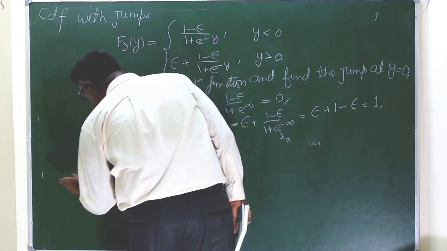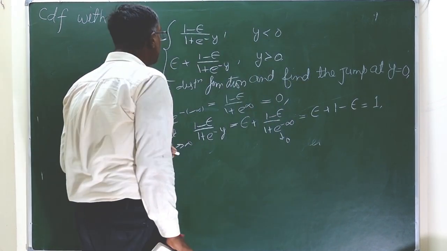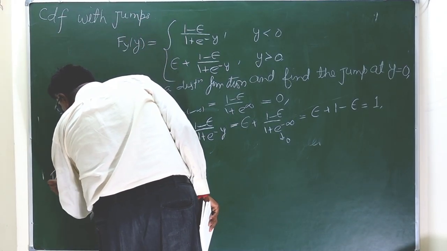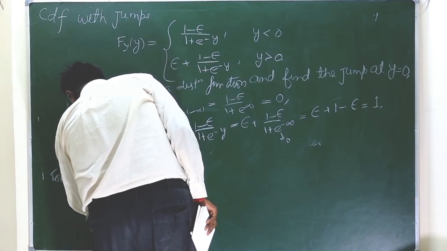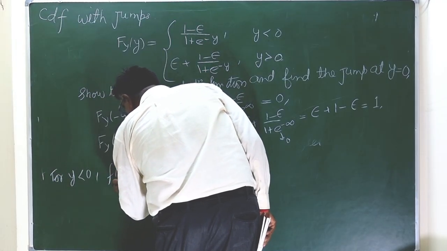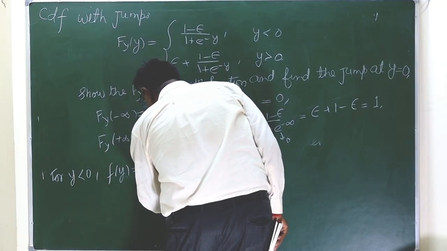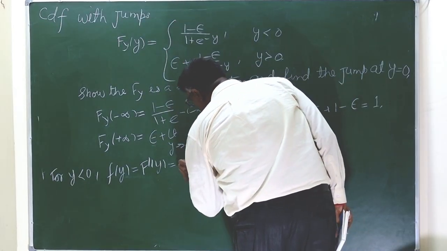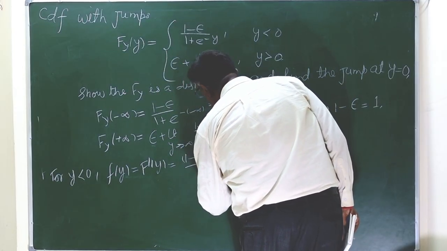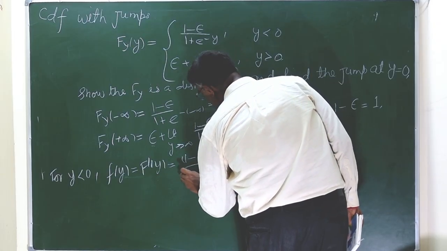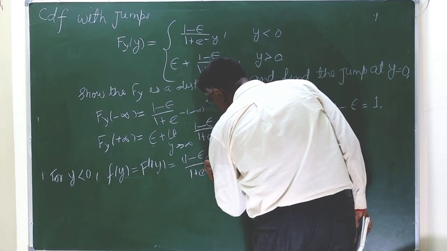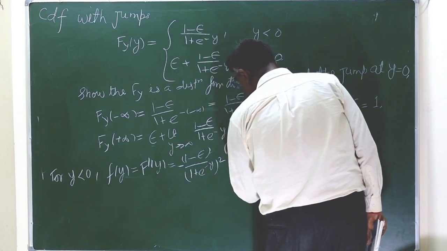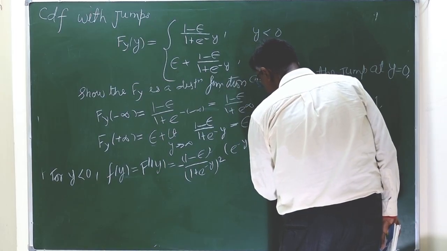Now to check whether the function is decreasing or non-decreasing, we will take, for y less than 0, F dash y, the derivative of F. It is (1 minus epsilon) times minus 1 upon (1 plus e to the power minus y) whole square, times e to the power minus y into minus 1.